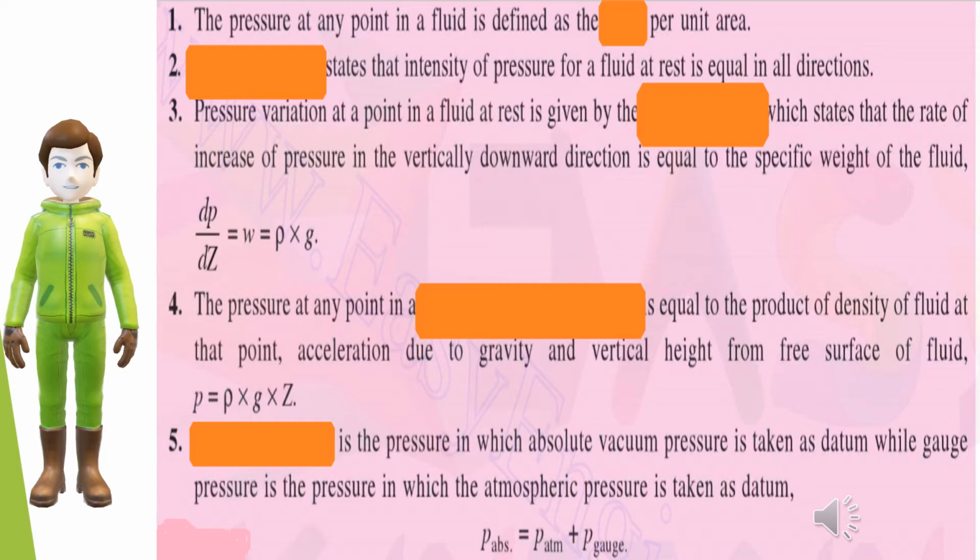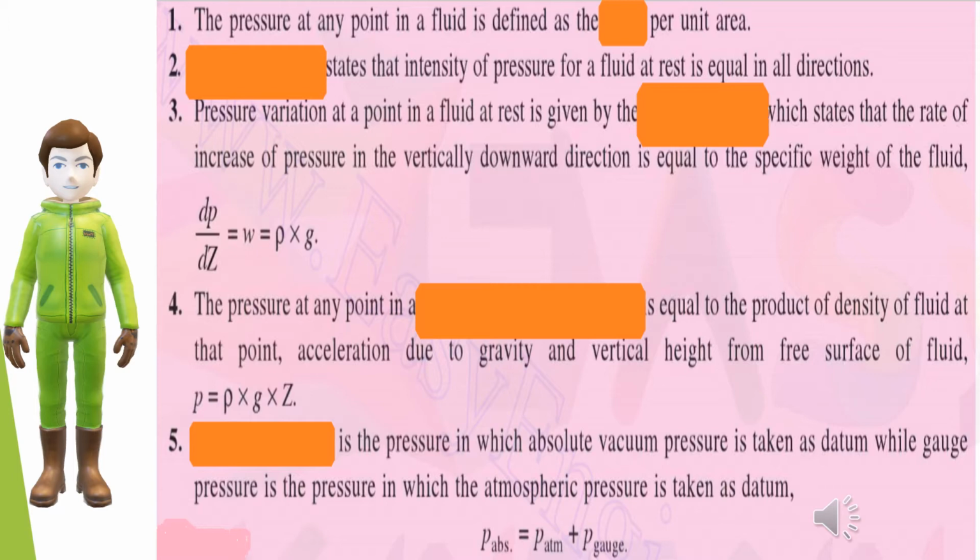Fourth one, the pressure at any point in a dash is equal to the product of density of fluid at that point, acceleration due to gravity, and vertical height from the free surface of the fluid. P equals rho into g into z.